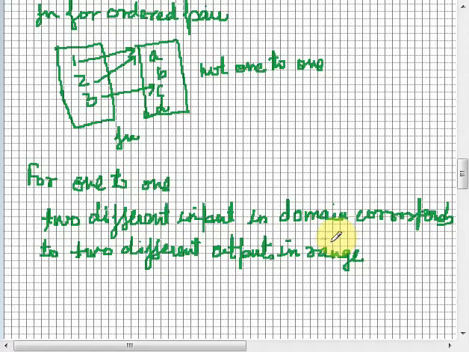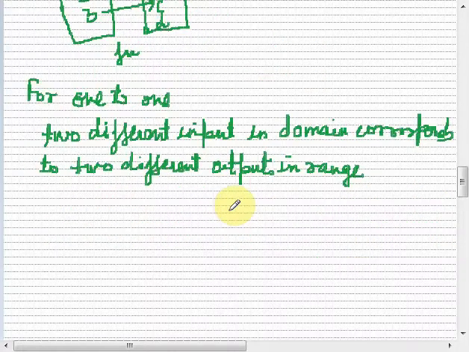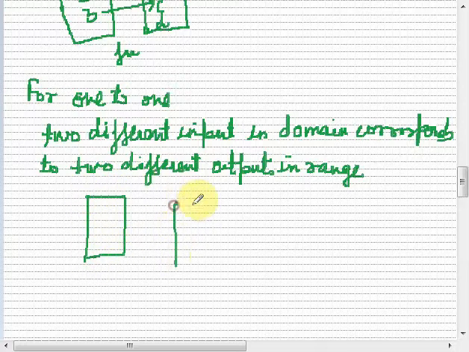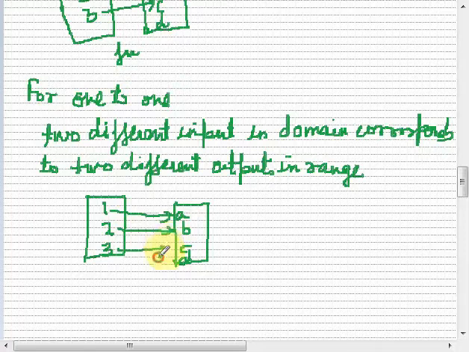What does it mean? Suppose we draw a range: 1, 2, 3 and A, B, C, D. This is a valid one-to-one correspondence. That is, every element in the domain should be matched to a separate element in the range, and no element in the domain should be left out. The element in the range can be left out.